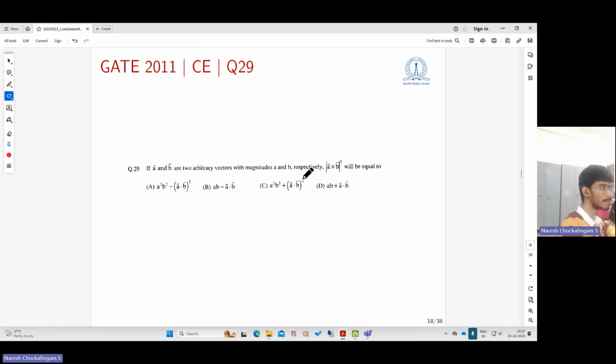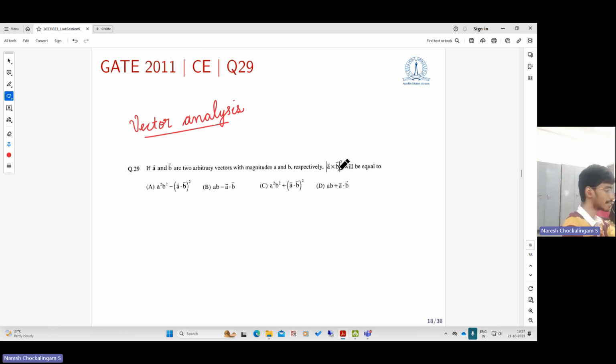So this is a very simple problem in vector analysis. A and B are two arbitrary vectors with magnitudes A and B respectively.